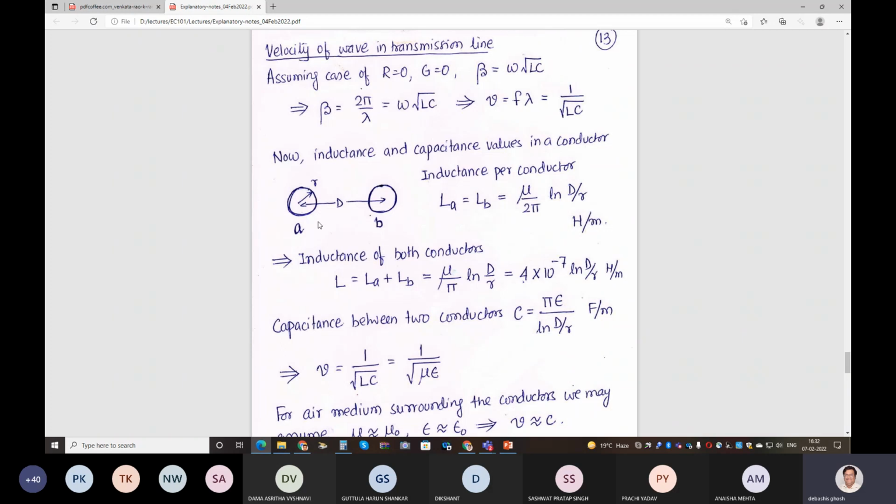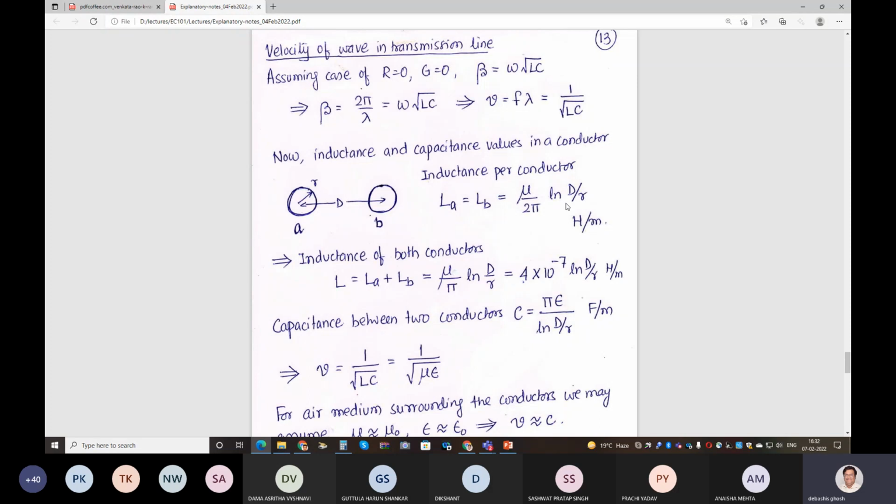So the inductance per conductor per length, in Henry per meter, offered by each of these two conductors is equal to mu by 2 pi log of capital D by small r. If not, you can look back into your class 12 book.